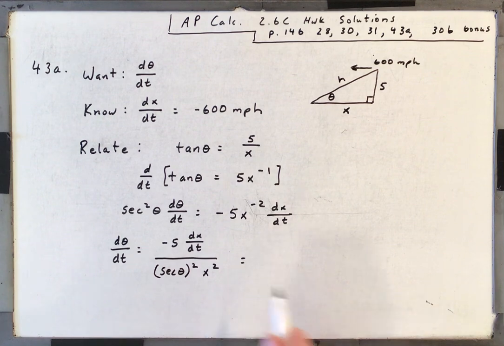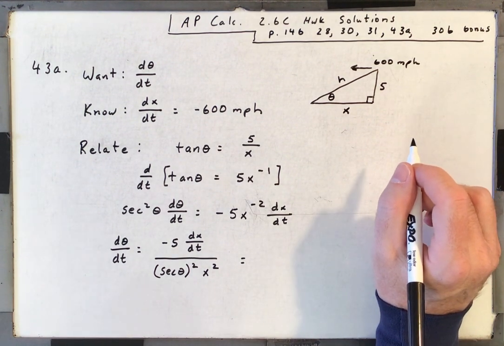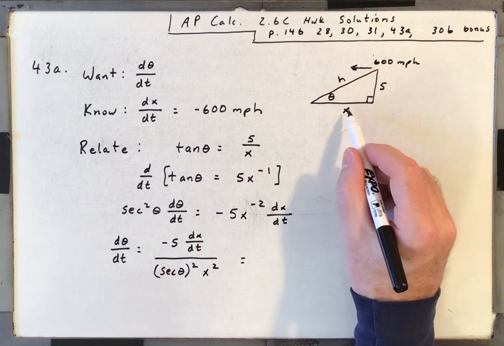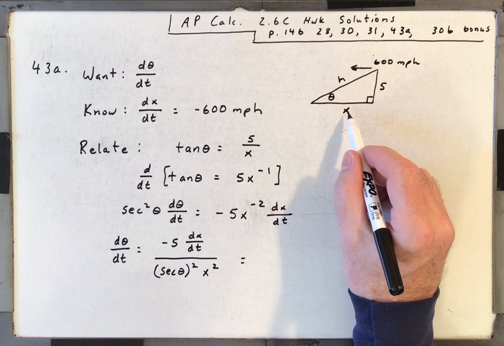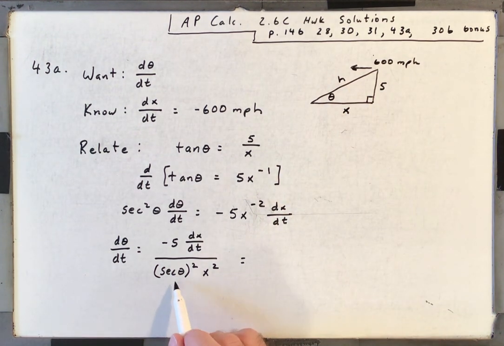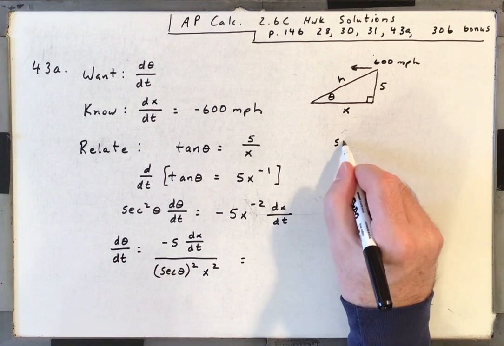Okay, so we need some sides now. It says theta is 30 degrees. So I'm going to need to get both x and h because secant is hypotenuse over adjacent. So we would have the sine of theta.